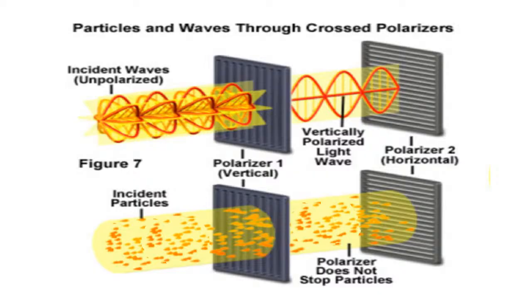That was his assessment, and that's the one we have even to this day. And then when you put a second one, in this case the analyzer, horizontal, it kills also the vertical component of light.